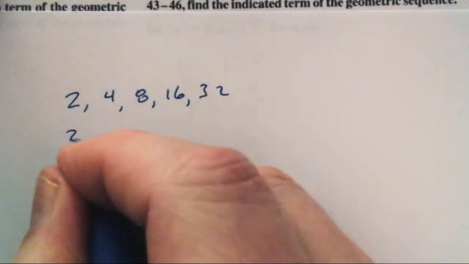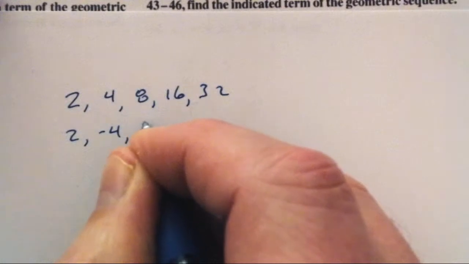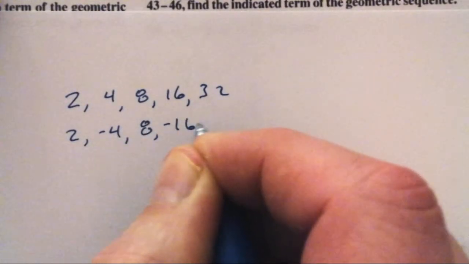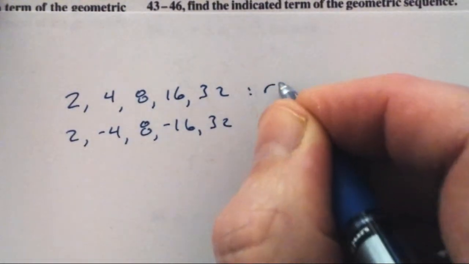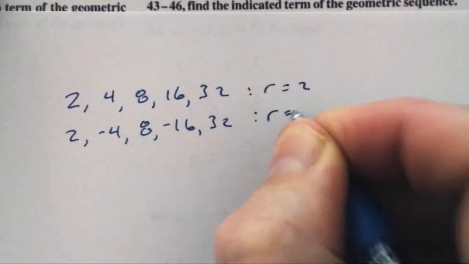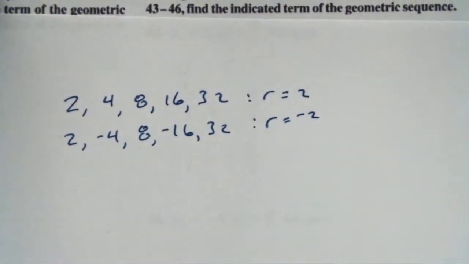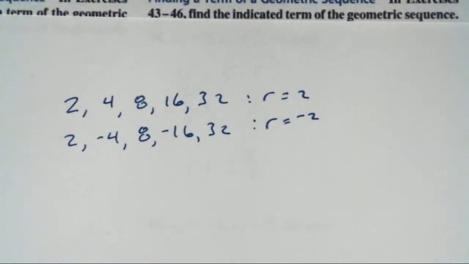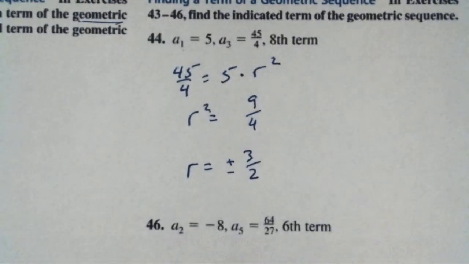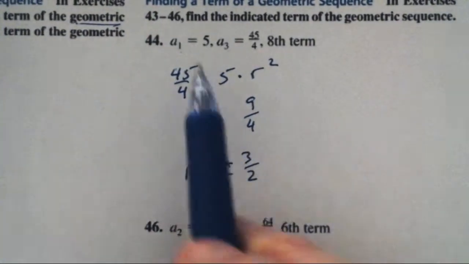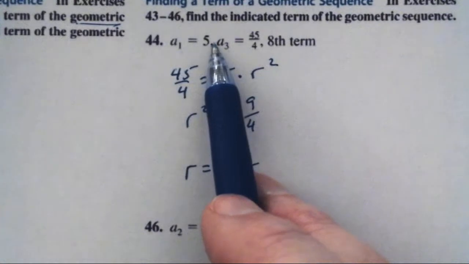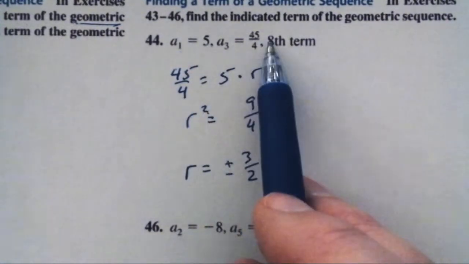Here is another one. 2, -4, 8, -16, 32. Ratio 2, ratio -2. Our ratio is plus or minus 2 in those problems. So we can have a plus or minus ratio. From the first to the third term, maybe I stay positive, but maybe it goes positive, negative, back to positive.